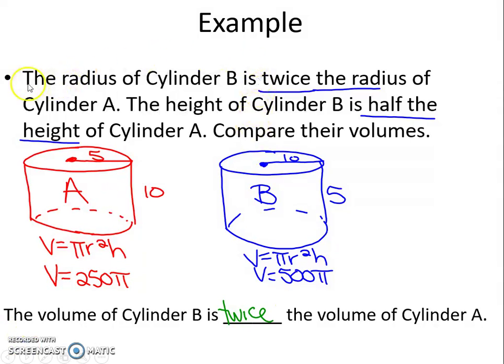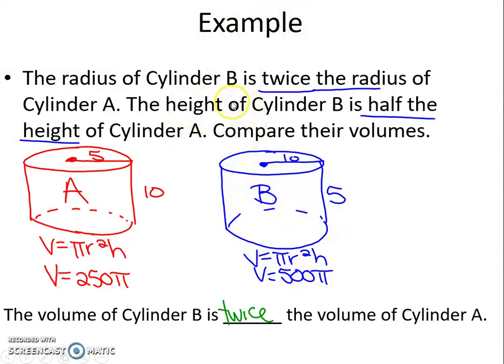Another example: the radius of cylinder B is twice the radius of cylinder A. So let's draw. Can you draw A and B and write A and B inside? The height of cylinder B is half the height of cylinder A. Compare their volumes. So you're going to create your own problem.